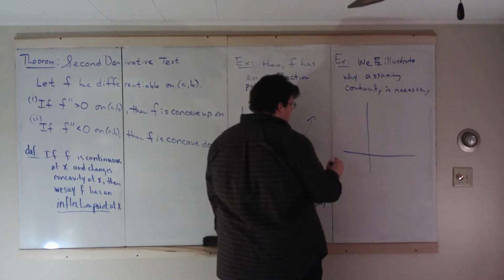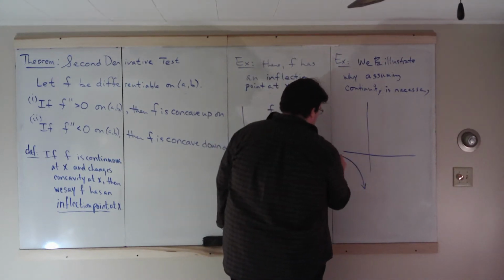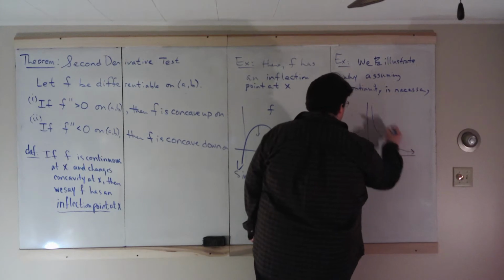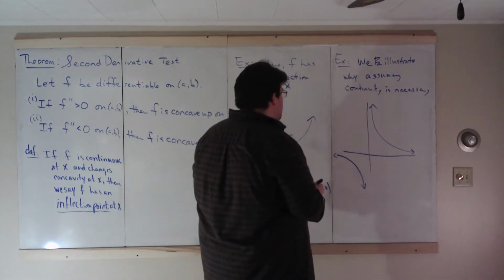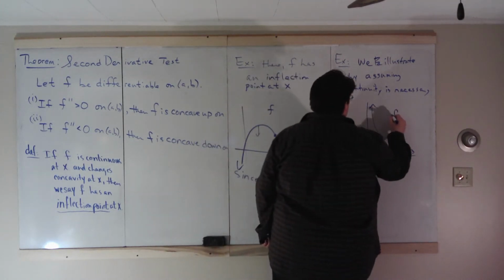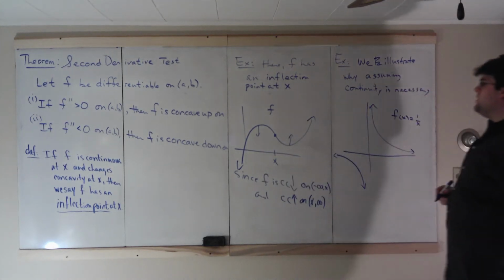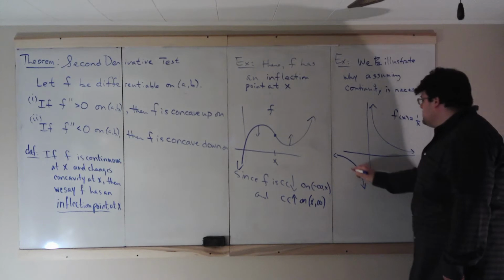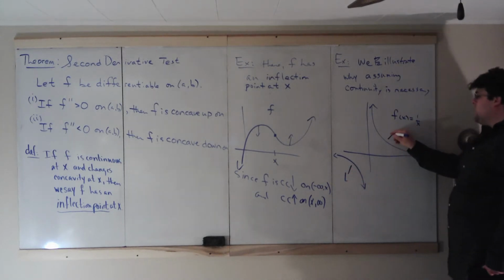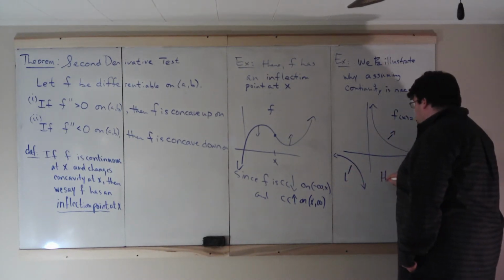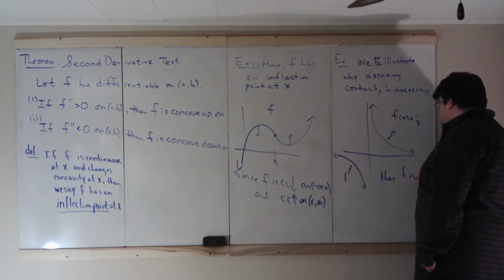Well, if we take 1 over x. That's a pretty good 1 over x. Well, you take 1 over x, well, look at the caved-in portions. Concave down, concave up. Here, f is concave up and down.